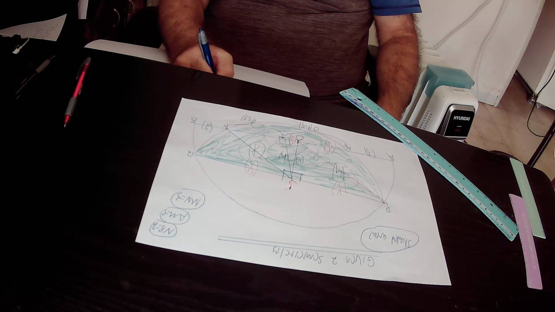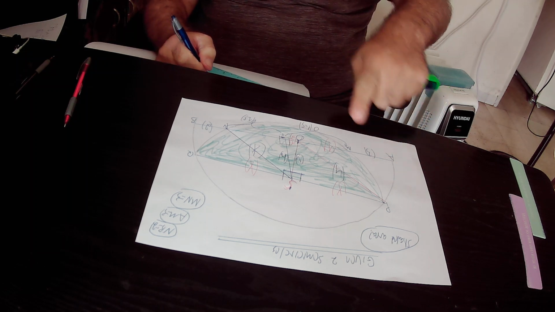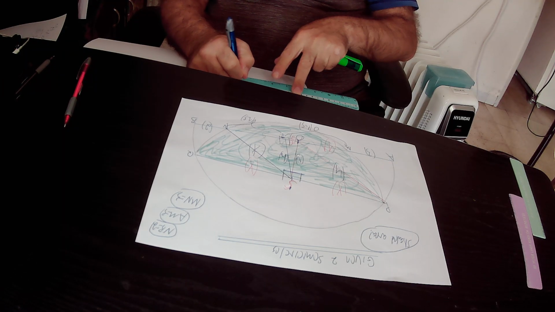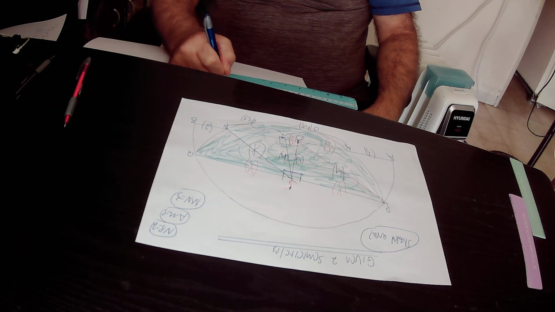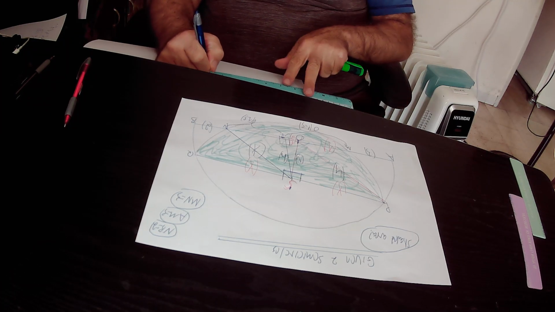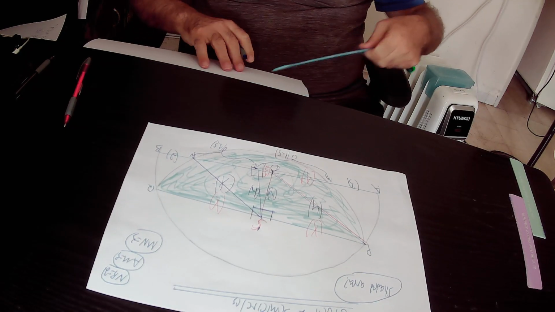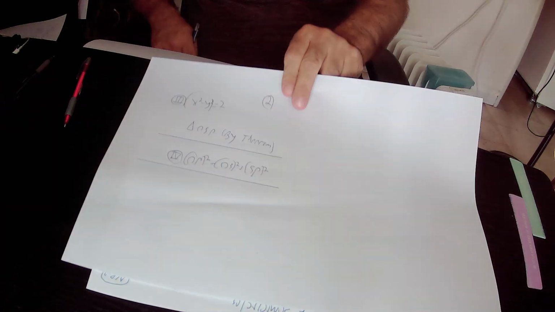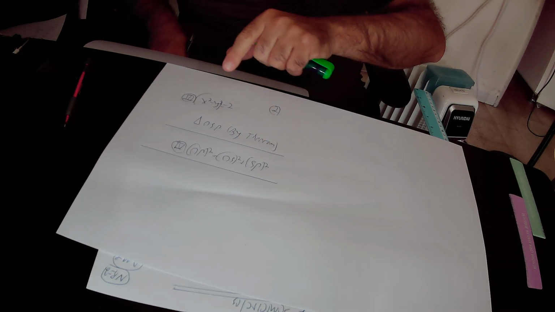According to the Pythagoras theorem, OP squared, that is the square of the hypotenuse, equals OS squared plus SP squared.